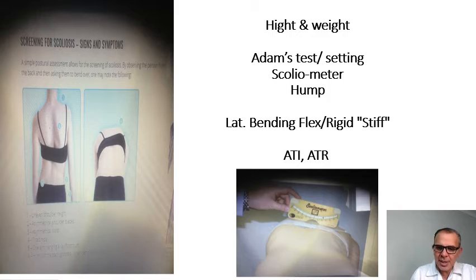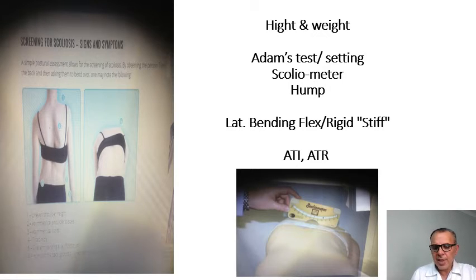Does it increase with certain movement? And also by doing lateral bending for the patient's trunk, we can determine the flexibility or rigidity of this particular hump, and also of the curvature.